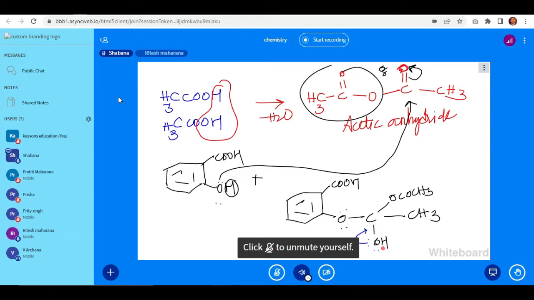So this lone pair goes in, this hydrogen goes away. That leads to the formation of OCOCH3 and hydrogen combining to form CH3COOH. Then you should know mechanisms, how to write the mechanisms. If you know writing mechanisms, then it is easy to solve. This is the product formed.